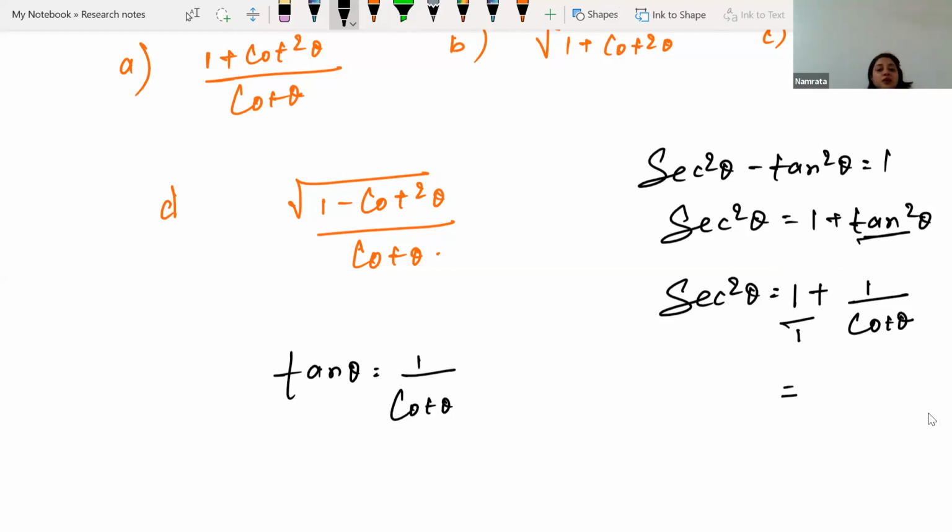So LCM will be cot theta. So the numerator will become cot theta plus 1. Are you getting it? Anybody who is not getting, please do let me know. Is it clear so far to everyone?